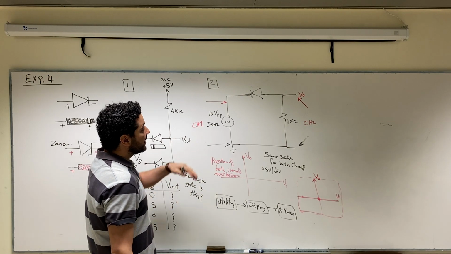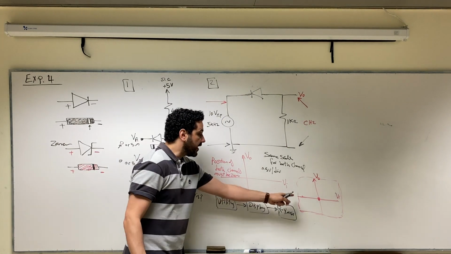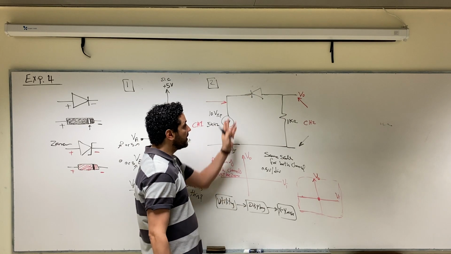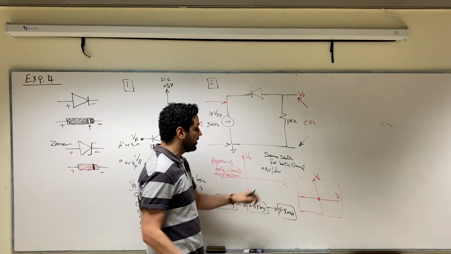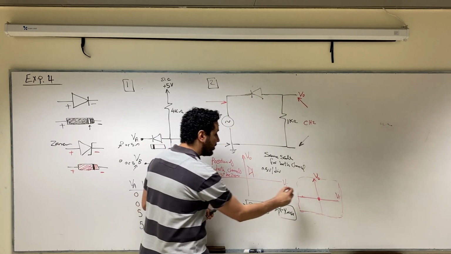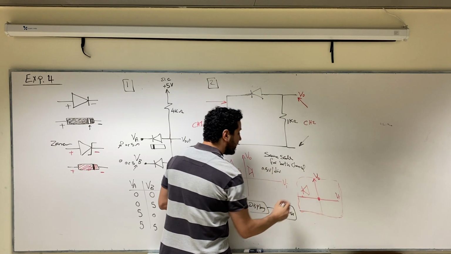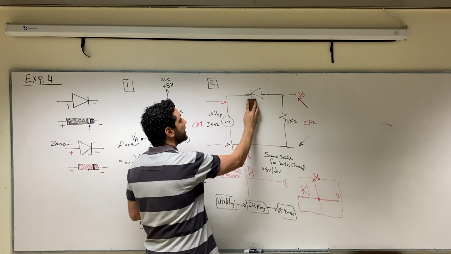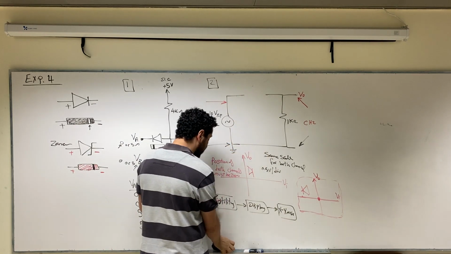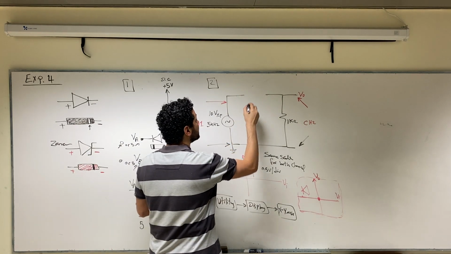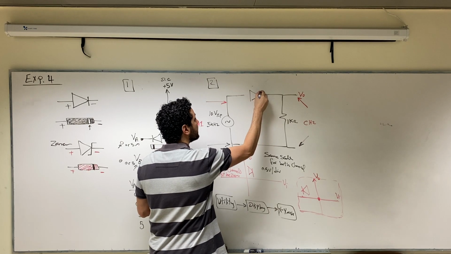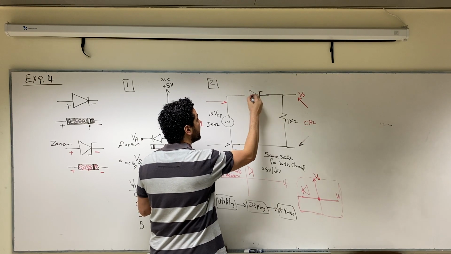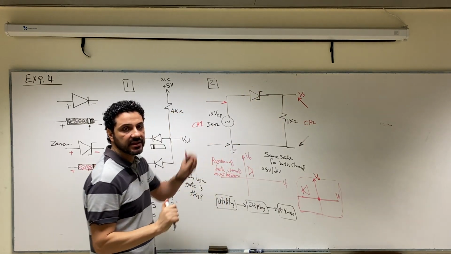Right. So this is the second step. So far we have two figures. We need to plot this figure when the diode is in this direction, and this figure when the diode is in the opposite direction. And then the next step is we are going to replace this diode with a Zener diode. So we are going to use here a Zener diode in this direction, only in this direction.